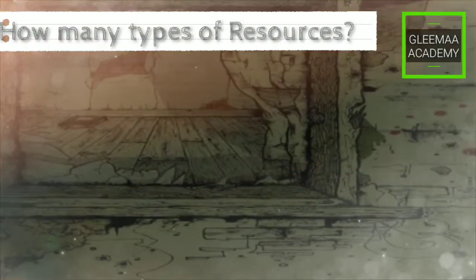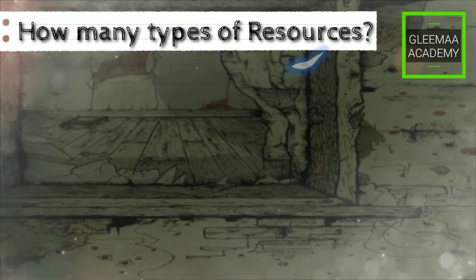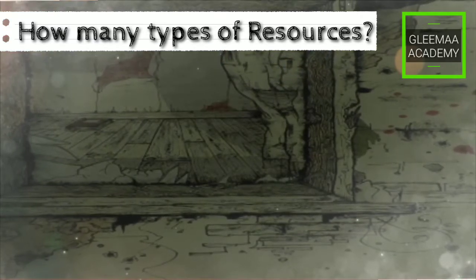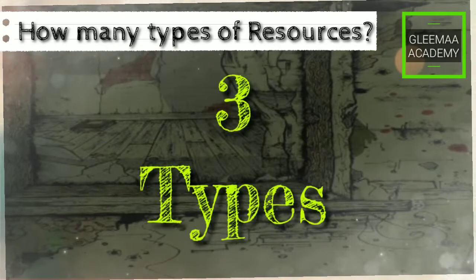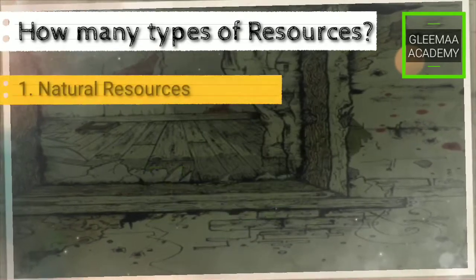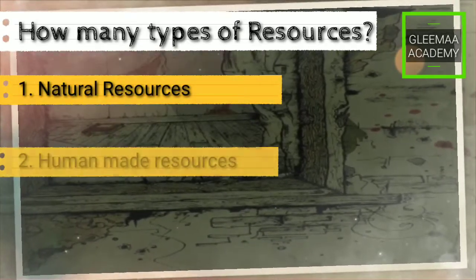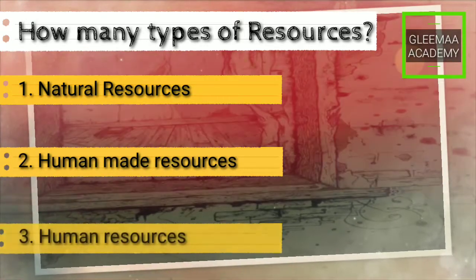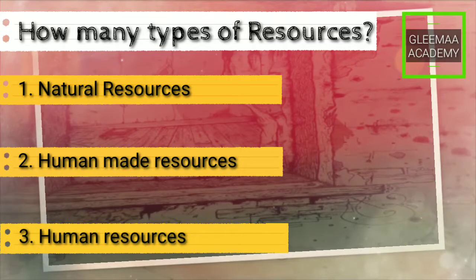Now we are going to learn how many types of resources there are on our Earth. Resources are generally of three types. Number 1, natural resources. Number 2, human-made resources, and number 3, human resources.